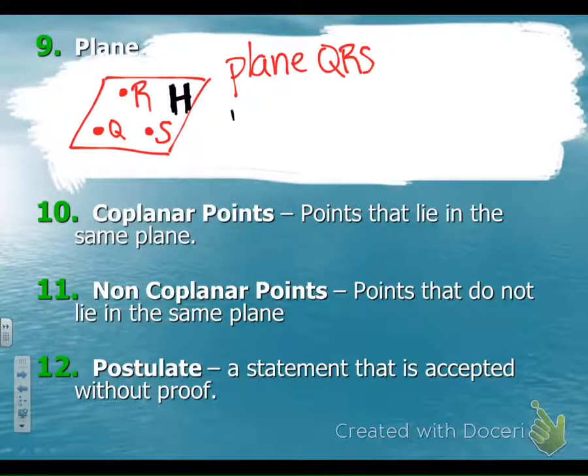So another way of naming it would be to call it plane H. Just one bold letter. Notice that the H does not have a point by it because H is not a point. We don't put a dot by it. So if you had a question about name a point in the plane, H would not be a possibility.